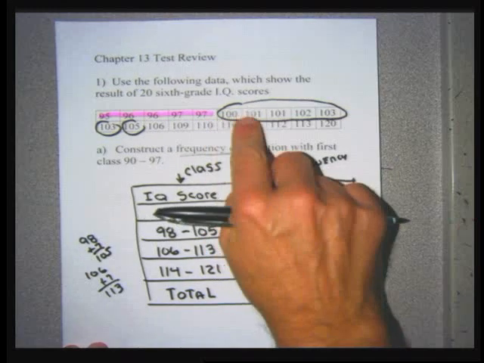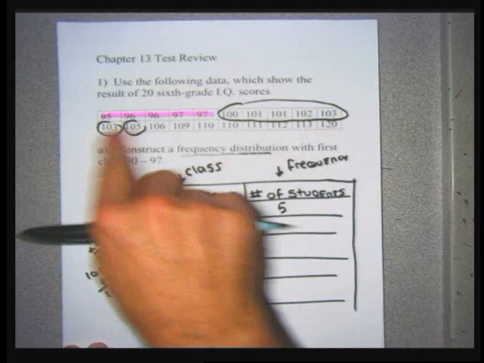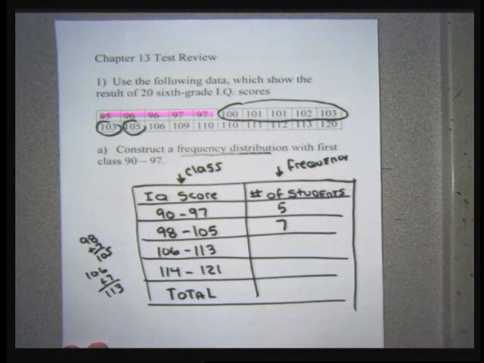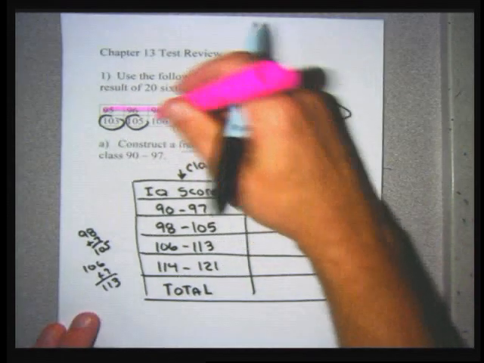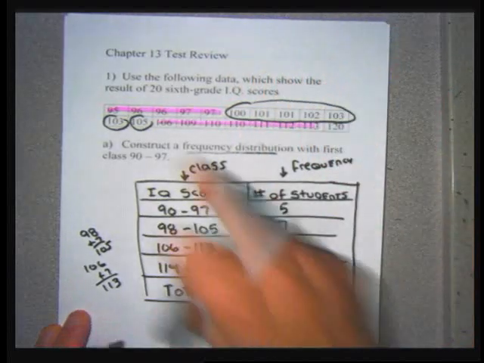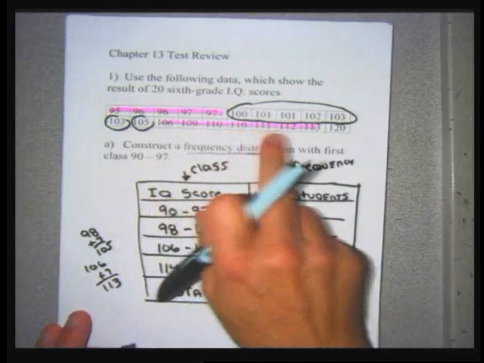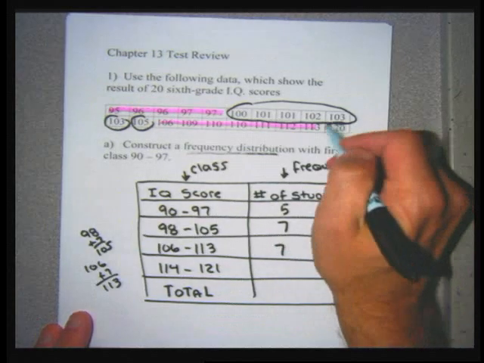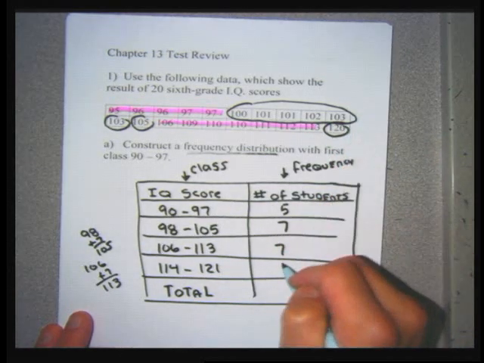So that's 1, 2, 3, 4, 5, 6, 7 students have IQs between 98 and 105. And then between 106 and 113 is most of the rest of them. It's all of those. That's 1, 2, 3, 4, 5, 6, 7. And then the last class between 114 and 121, there's 1.